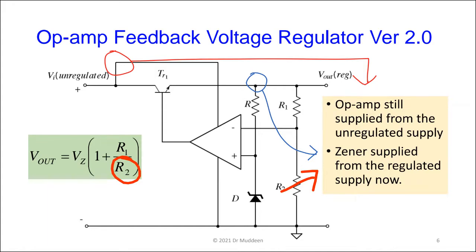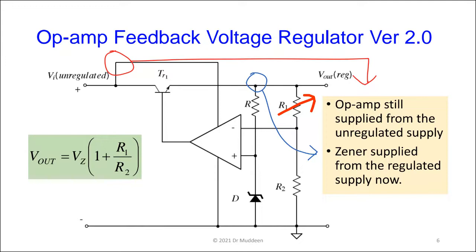The part I don't like about doing that is that if you put a variable resistor and then you make the value 0, then you have a 0 in the denominator here, which is not a good idea. So the better way might be to make R1 variable, right?